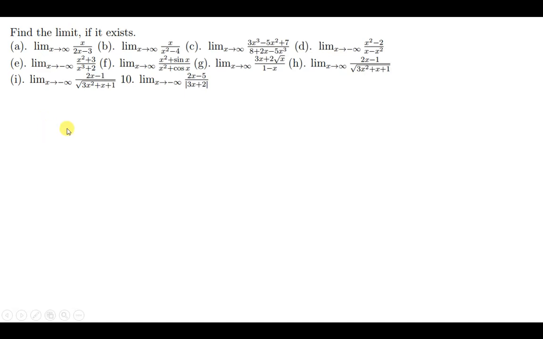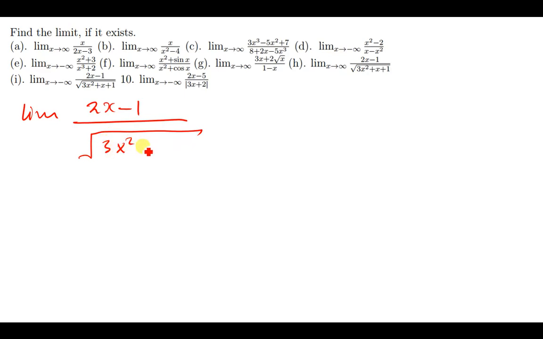So on this one we have the limit of 2x minus 1, everything divided by the square root of 3x squared plus x plus 1, as x is approaching positive infinity.